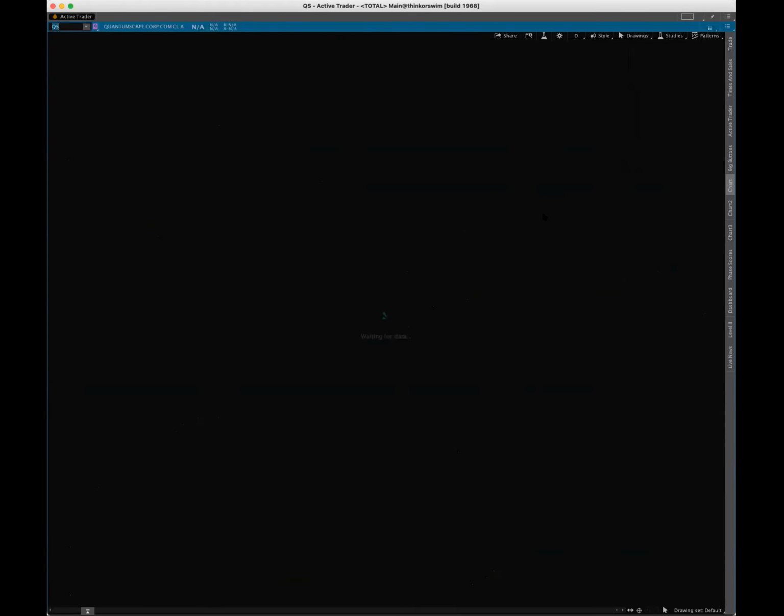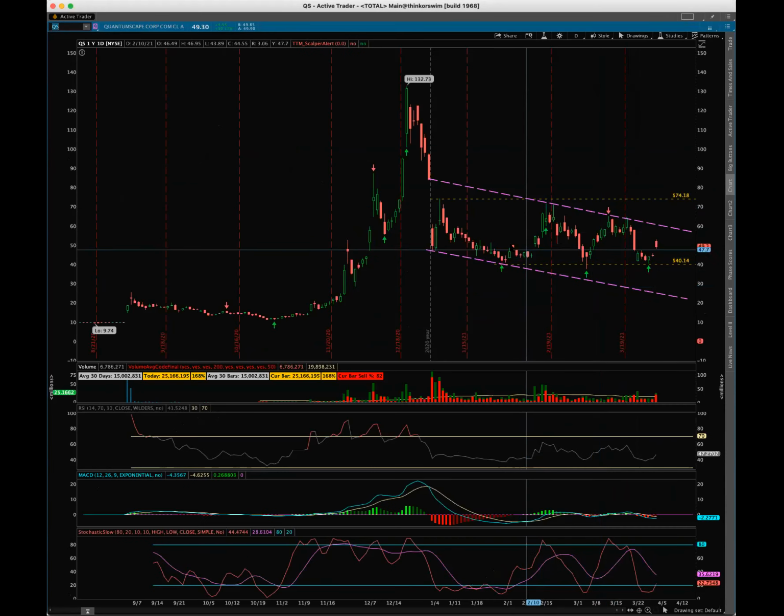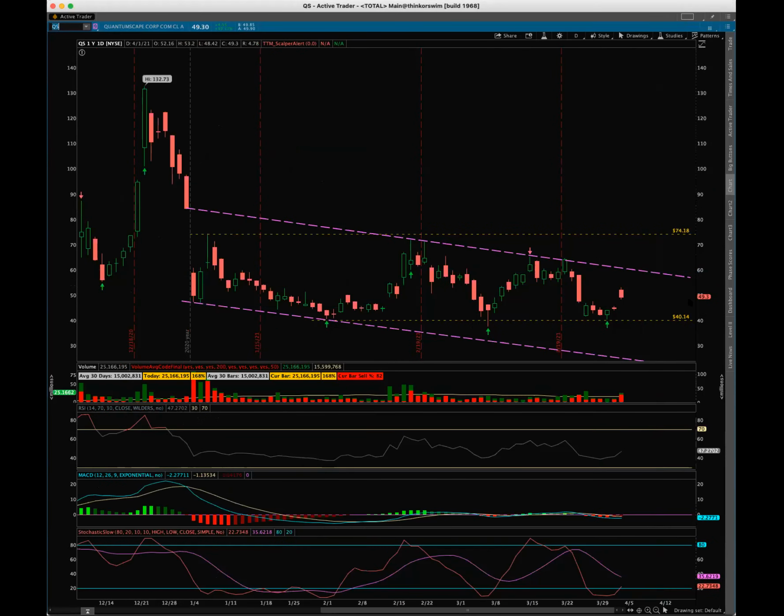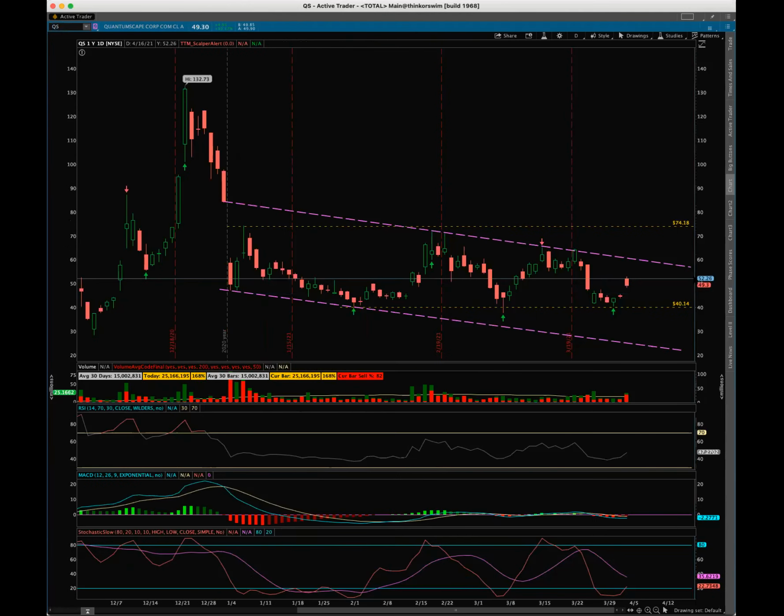I guess another one could be QS, but this kind of correlates to no real direction yet. Probably happens sometime in the next couple of weeks. But just watching this trail here on a range trade gives you some confidence that if we continue to break around or get around this level, I might trade it to the downside.